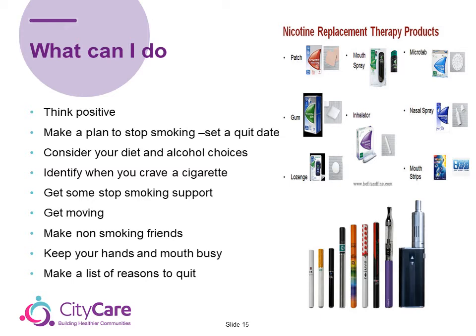Sometimes cigarette smoking is identified with certain times of day, perhaps after you've had a meal or when you've been for a drink with friends in the evening. Identify when you crave a cigarette and acknowledge that that is the time when you have to have the greatest resolve to keep yourself away from them.